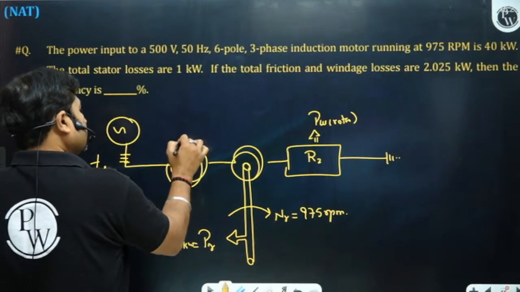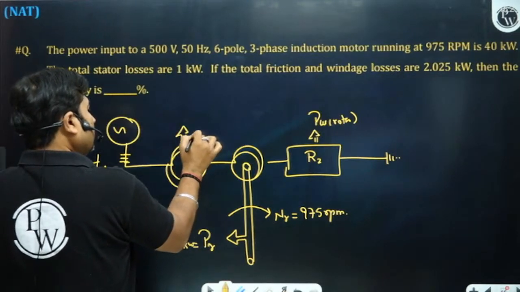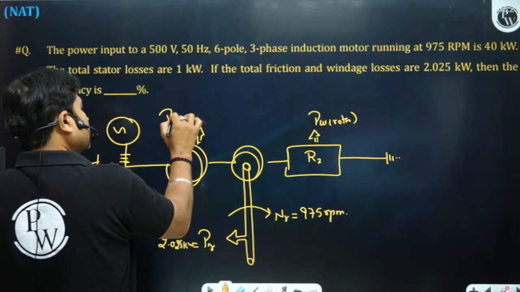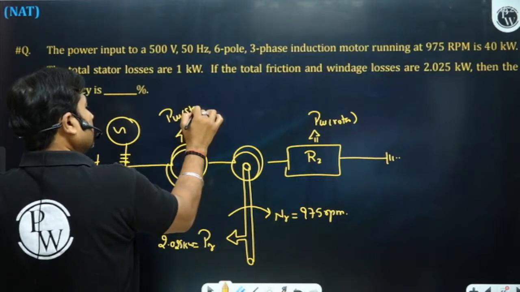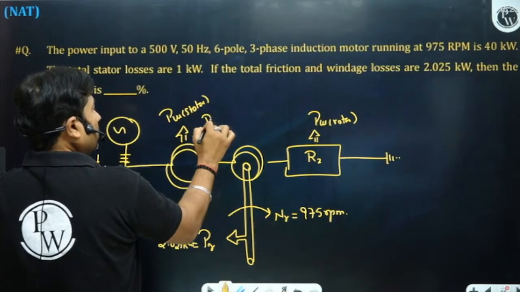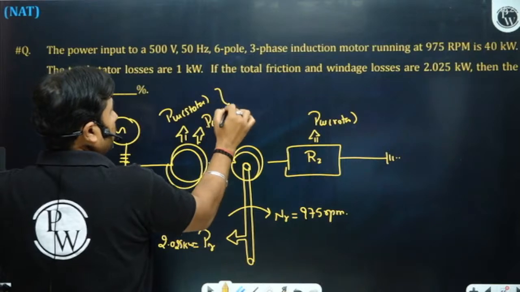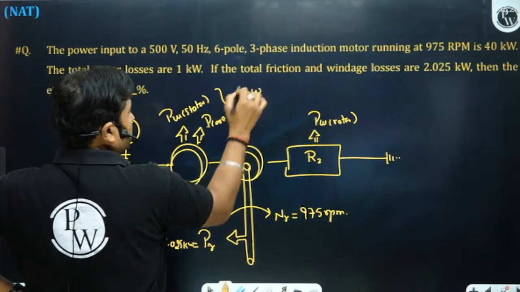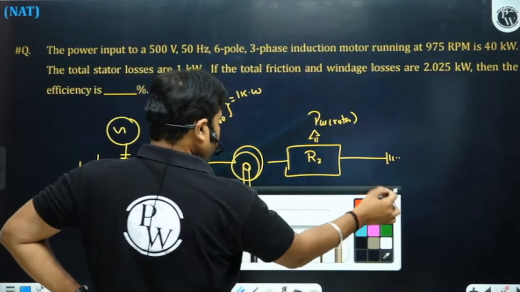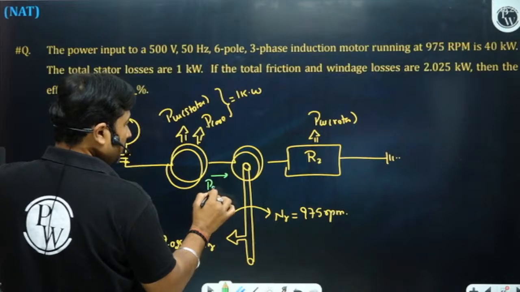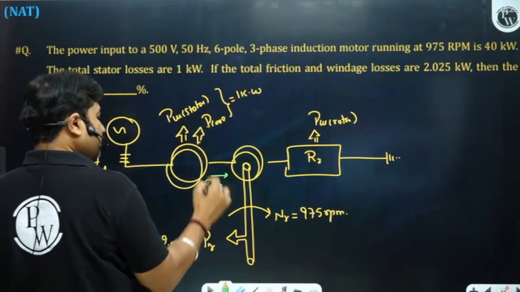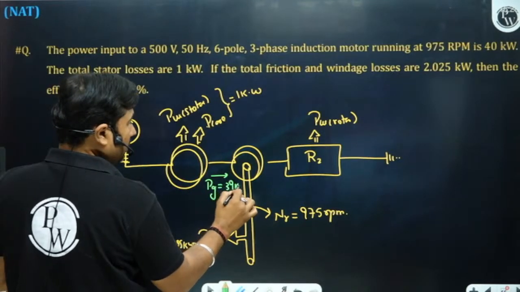Total stator losses are 1 kilowatt. Stator will have two losses, that is stator copper loss and core loss. Both equal 1 kilowatt. So air gap power will be equal to this 40 minus 1, 39 kilowatt.